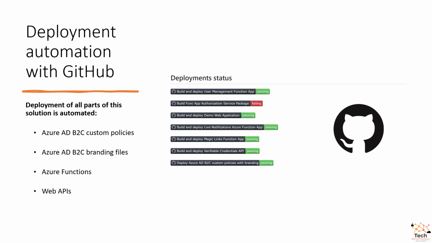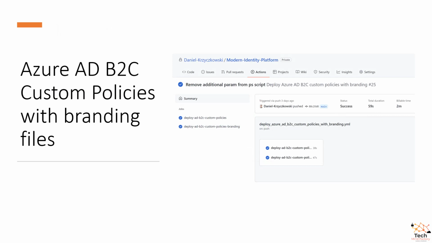And of course, I use it for web APIs. So the Verifiable Credentials API, for instance, is deployed automatically using GitHub. So this is an example of the GitHub Actions workflow for my Azure Active Directory B2C policies and branding files. So first, I deploy custom policies to Azure Active Directory B2C.